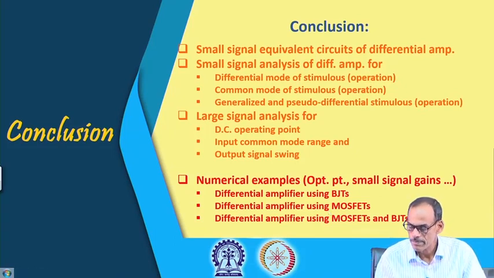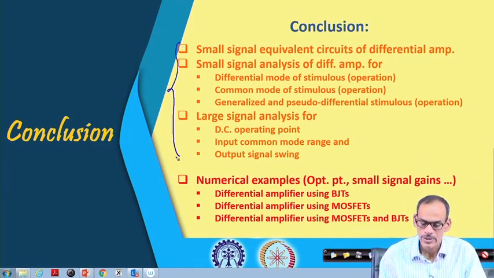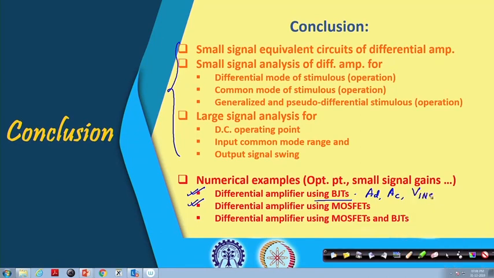As I said, the small signal equivalent circuit and analysis were done in our previous lectures, and in today's lecture primarily we have focused on numerical examples, mainly with extensive calculation on differential amplifier using BJT for calculation of the operating point, then differential mode gain, common mode gain, then range of the Vin,C, output swing, and also we have seen what the different outputs are.